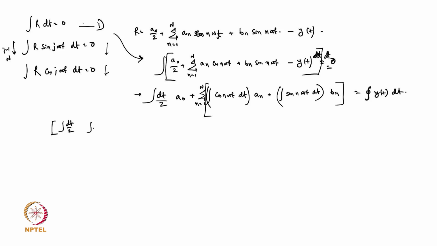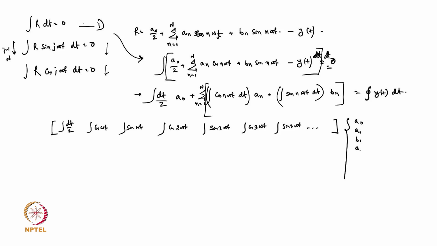Then we will have integral of cos omega t, integral of sin omega t, integral of cos 2 omega t, integral of sin 2 omega t, integral of cos 3 omega t, integral of sin 3 omega t, and so on, multiplied by a0, a1, b1, a2, b2, a3, b3, and so on, equal to integral of y of t dt.